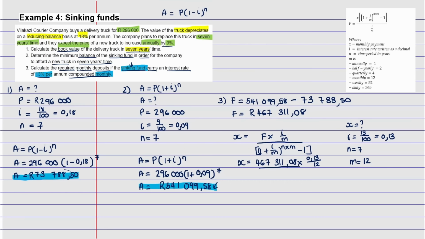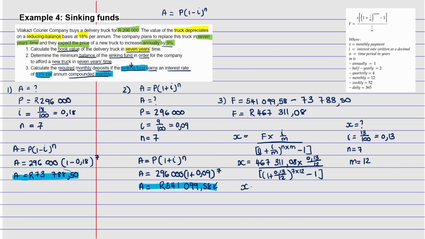And this whole thing is going to be 1 plus 0.13 divided by 12, to the power N, which is 7 multiplied by 12, minus 1. Paste this whole thing into the calculator.